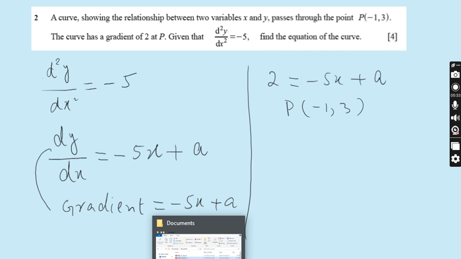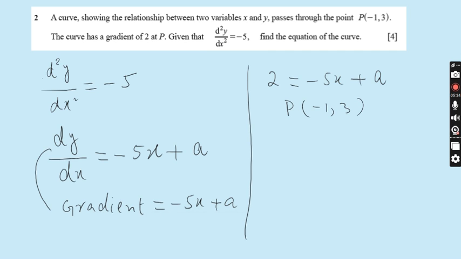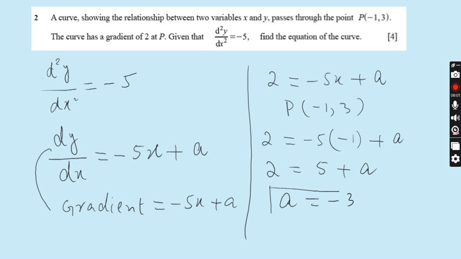So satisfy the equation 2 = -5x + a by this gradient. So obviously 2 = -5 times the value of x, which is -1, plus a. So 2 = +5 + a, and a is equals to -3 because 2 minus 5 is -3.